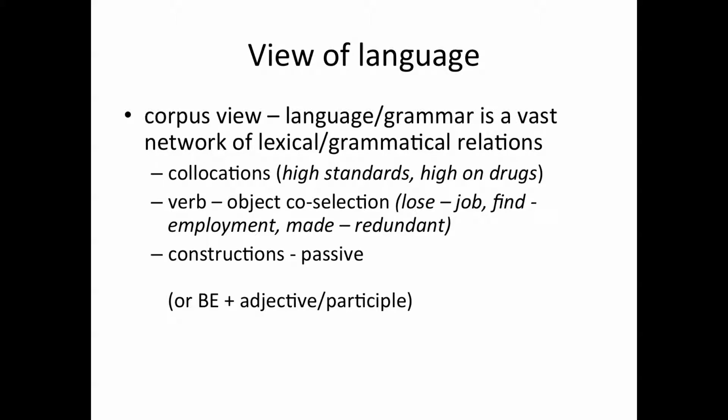And then we have constructions. We do have constructions such as the passive, but again, we'd want to know which verbs commonly occur in the passive, and maybe look at some lower level passive phrases.